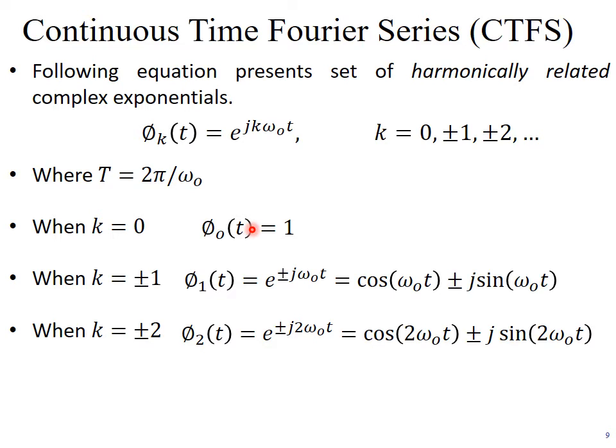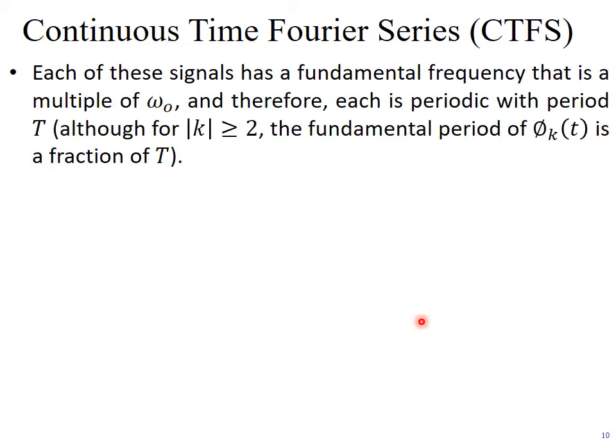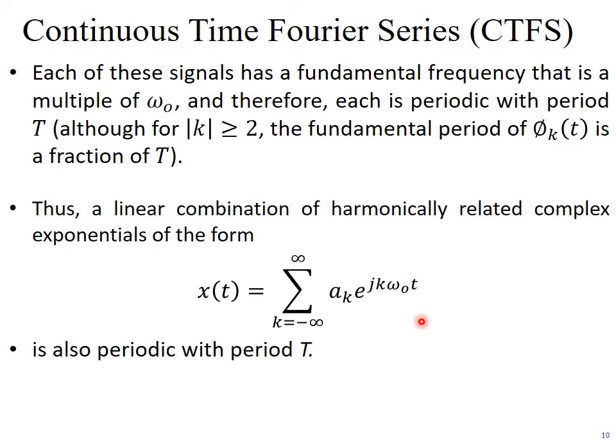They are multiples of the fundamental frequency. We call these kinds of signals harmonically related sinusoidal waveforms. Each of these signals has a fundamental frequency that is a multiple of omega naught, and therefore all the signals are periodic with period T, or an integral multiple of T.